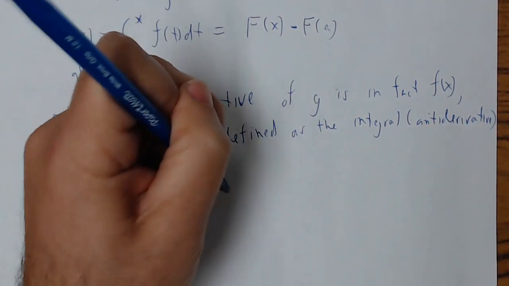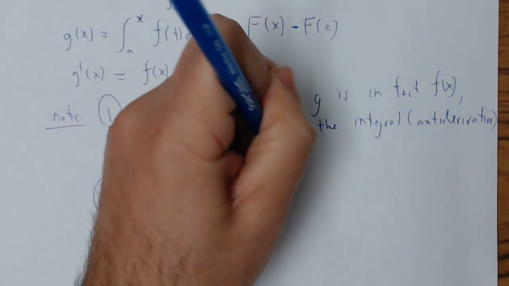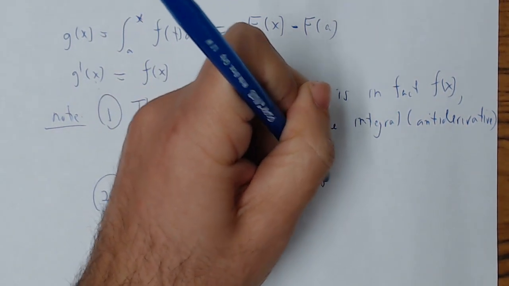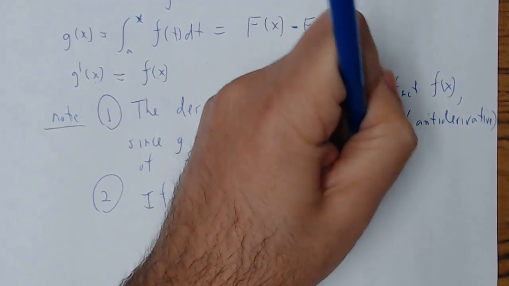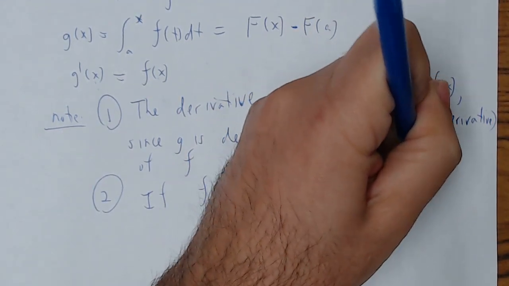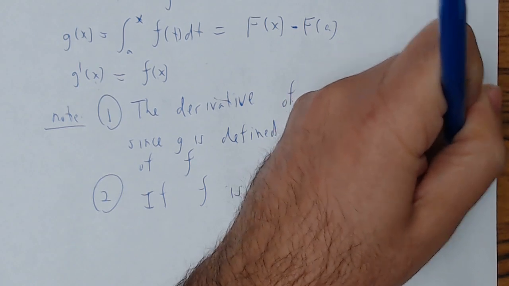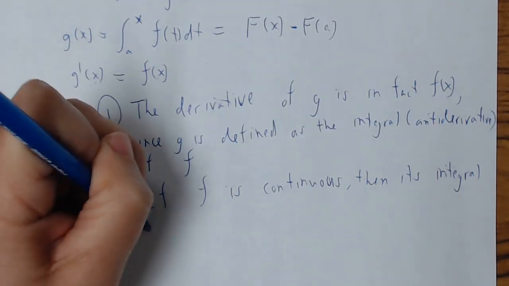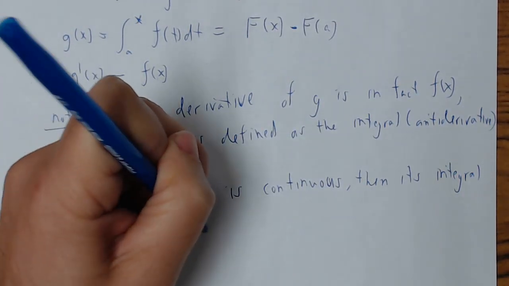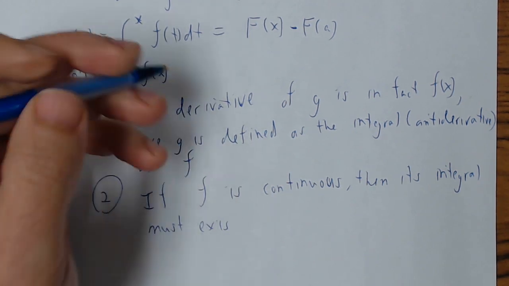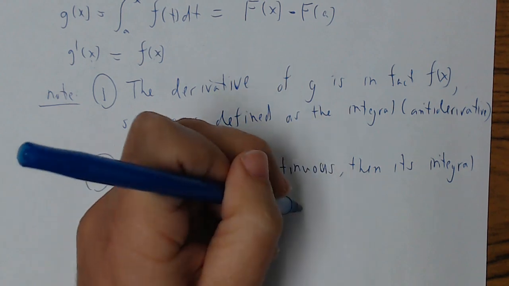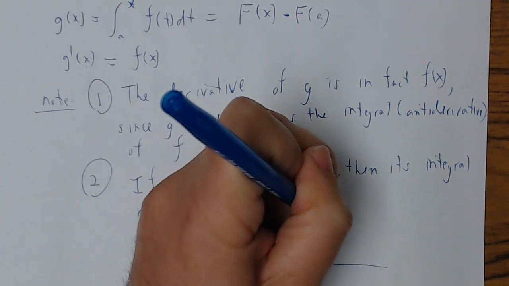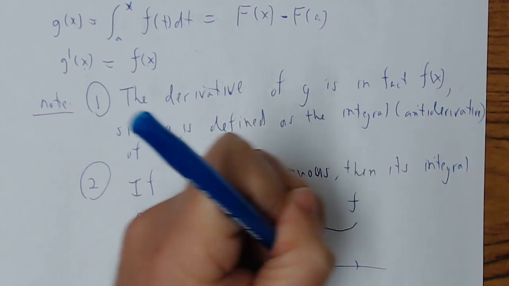if f is continuous, then its integral must exist. Now think of it this way. Why must the integral exist? Imagine I have a function f, and it's continuous from a to b.